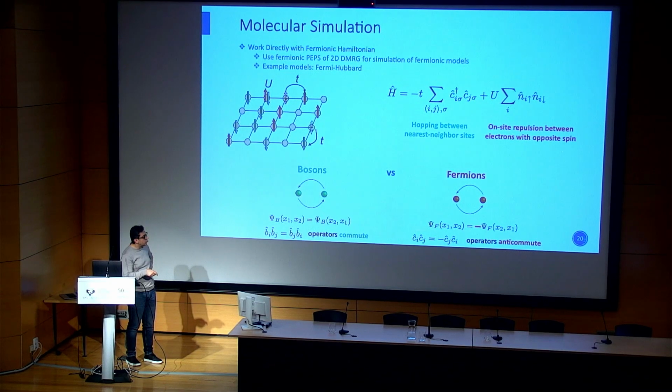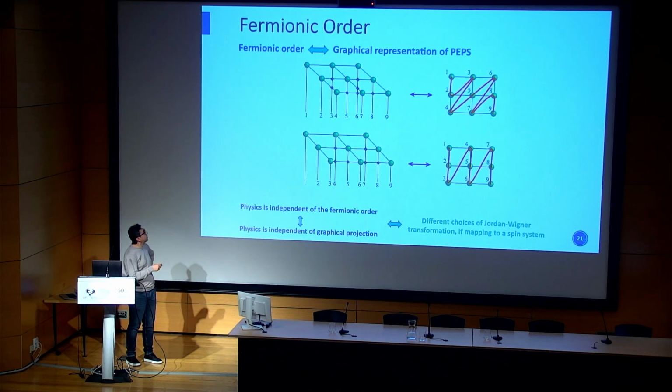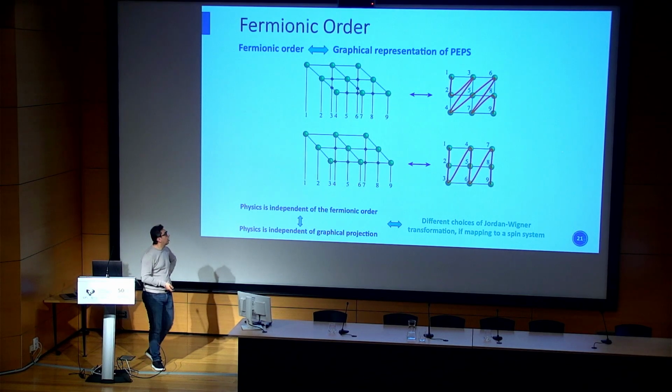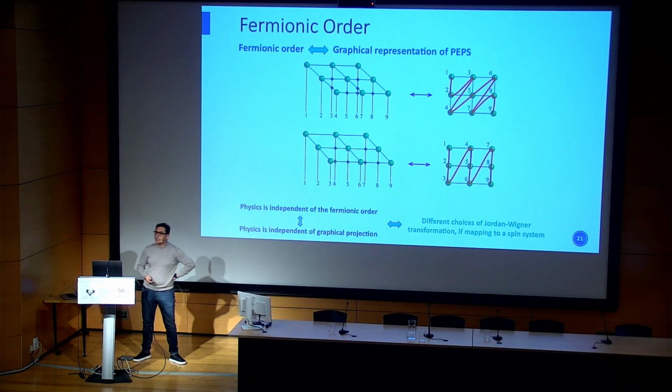The wave function is antisymmetric with respect to exchange of particles. That's why you have to take care of the minus signs that come from the exchange of particles in your tensor network theory. We can handle this with swap tensors that we introduce into the tensor network, which take care of fermionic exchange.